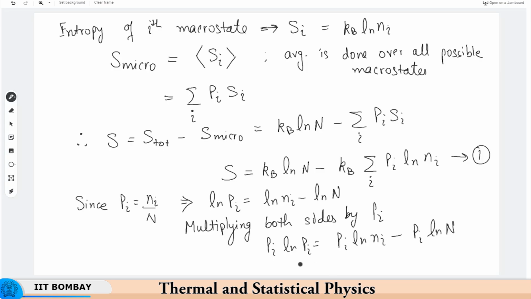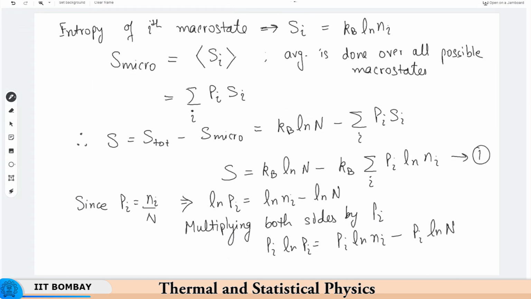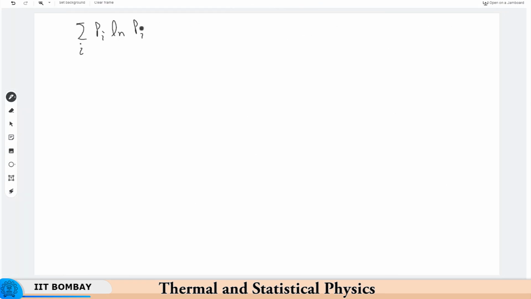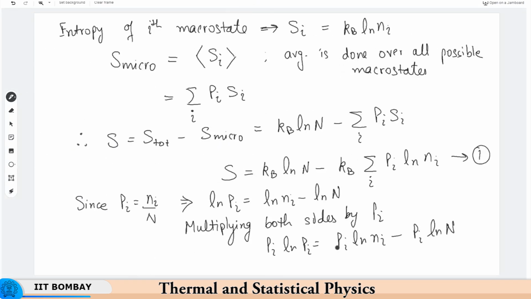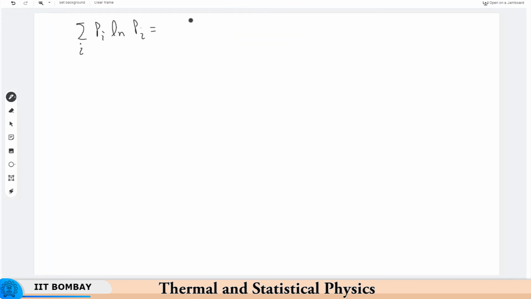Summing over i, this equation becomes sigma Pi log Pi equals sigma Pi log Ni minus sigma Pi log n. And what is sigma Pi?